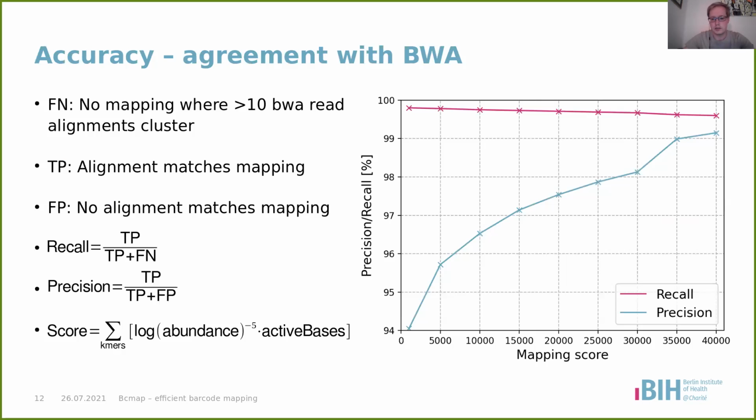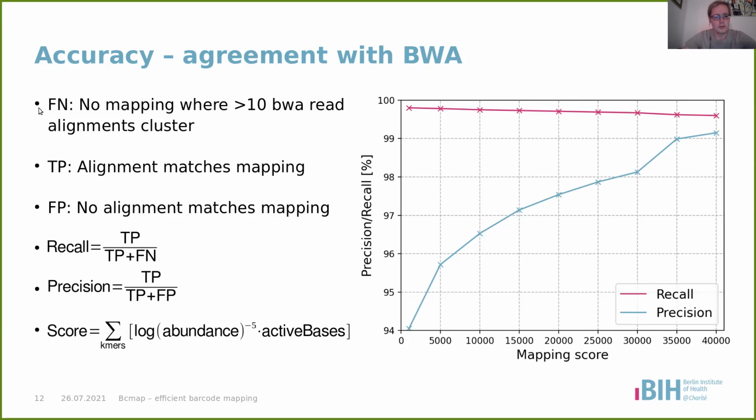Next we tested the accuracy, and we compared it to BWA. And here it is important to know, I will talk about false negative, true positive, but we are not comparing it really to a truth, but we rather look at an agreement with BWA, because BWA being a short read aligner, of course, doesn't know the truth about linked read molecules.